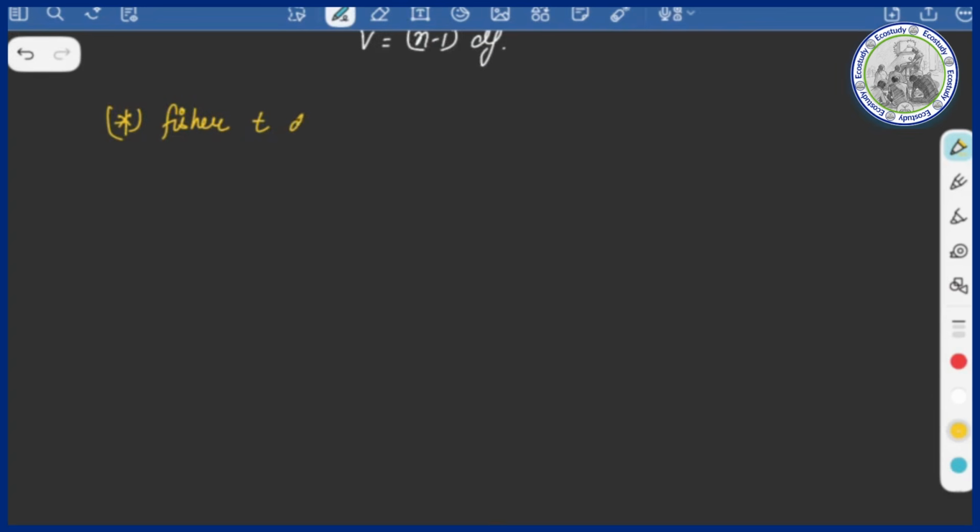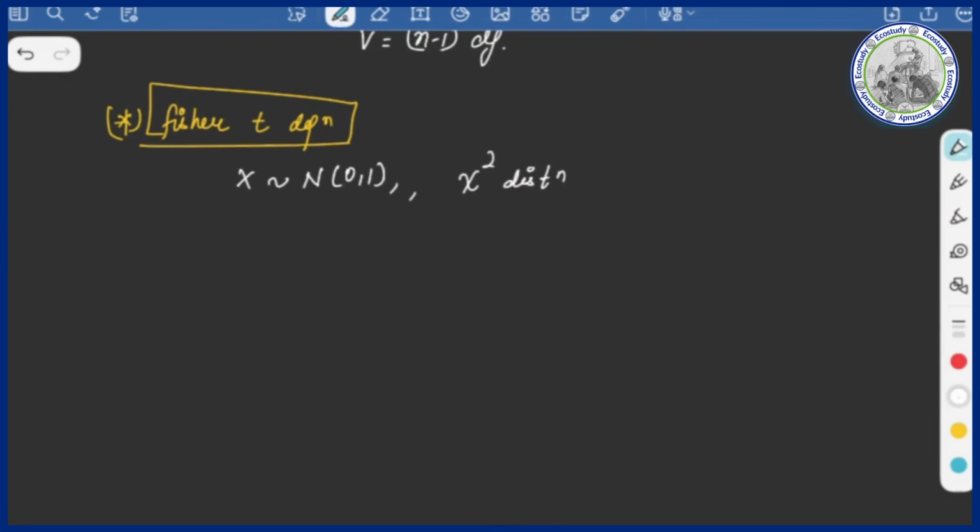Fisher T definition. What does it mean? Suppose x is a random variable that follows normal 0, 1, and there is a chi-square distribution.